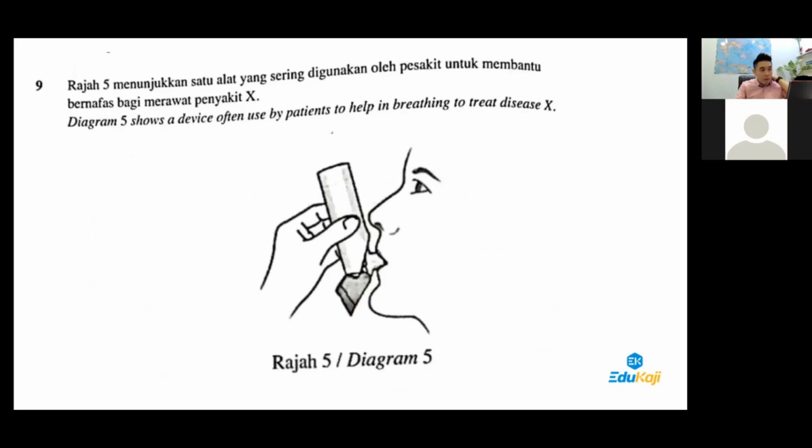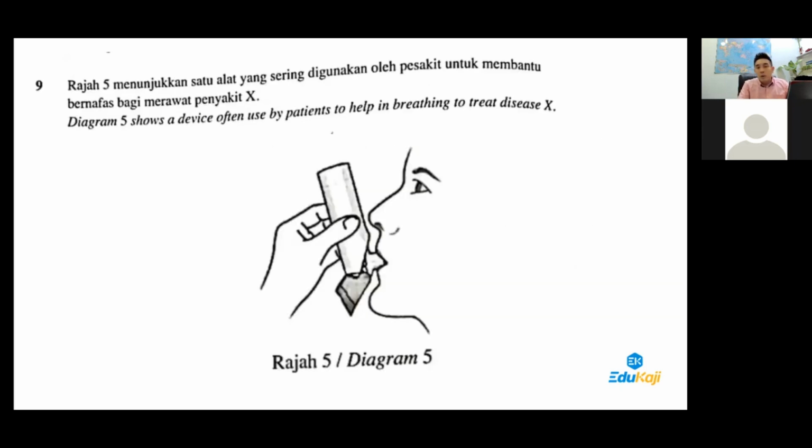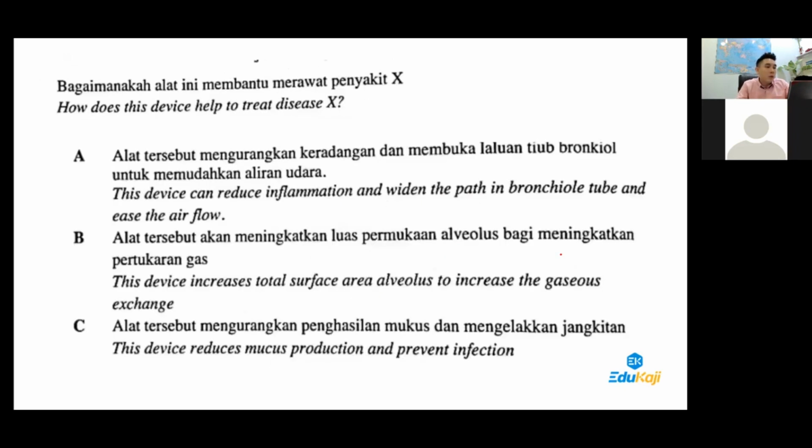Number 9, diagram 5 shows a device often used by patients to treat X. All right, obviously this is to treat asthma. This is more of a K-BAT based question. So how does this device help to treat X?